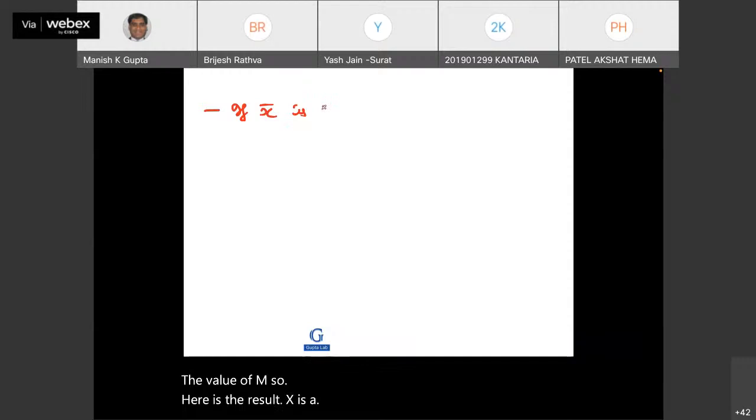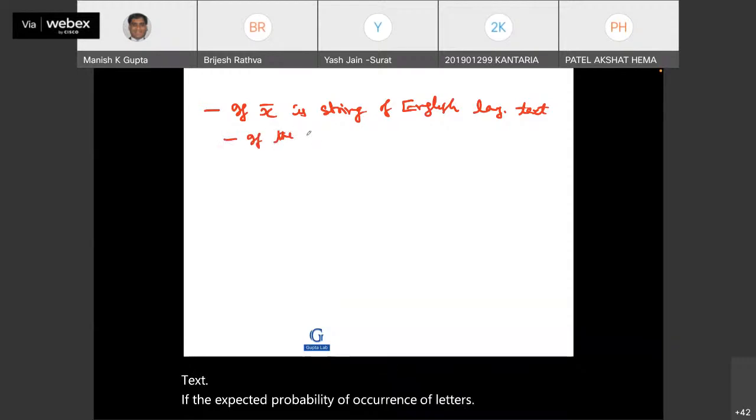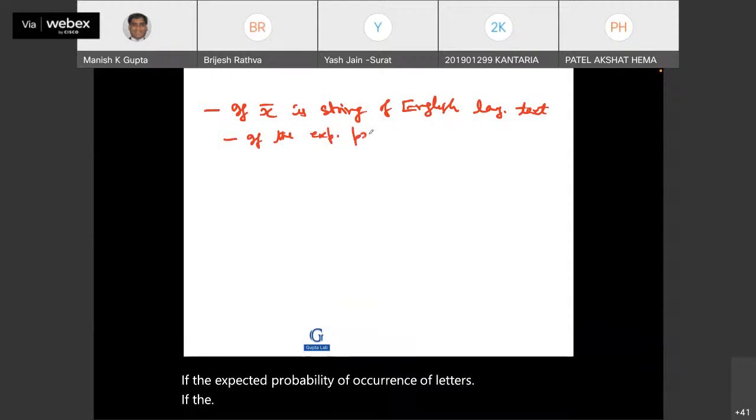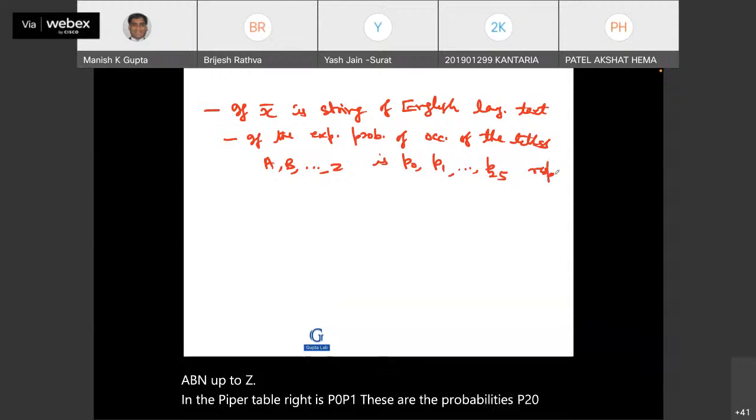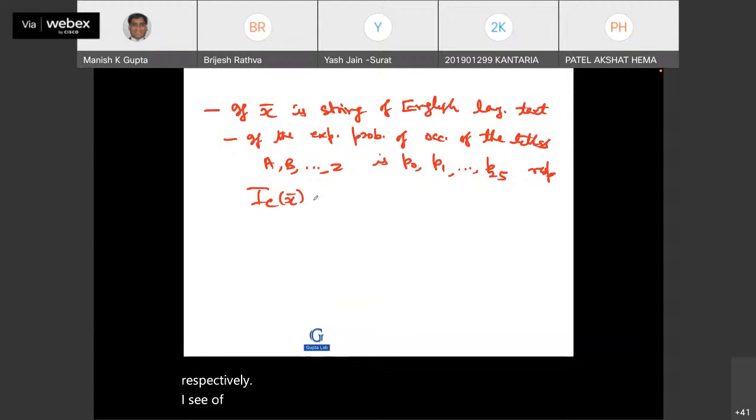If x is a string of English language text, and the expected probabilities of occurrence of the letters A, B, up to Z in the Piper table are P0, P1, up to P25 respectively, then IC of x turns out to be the summation of Pi squared, which, if you put in the values of Pi, turns out to be 0.065.